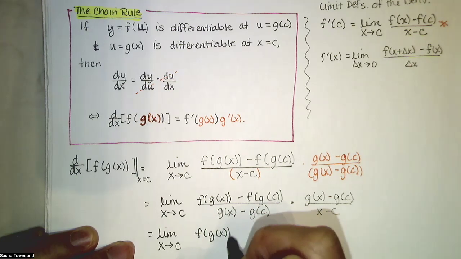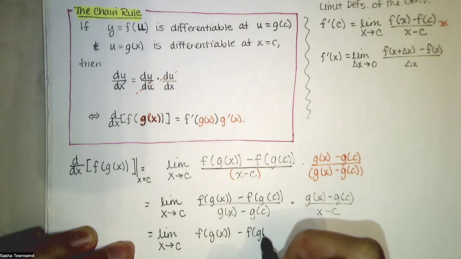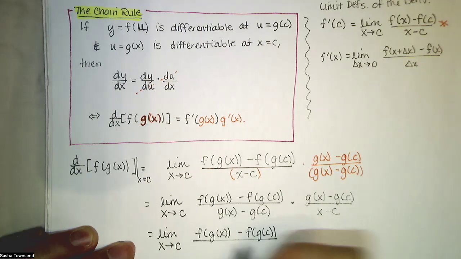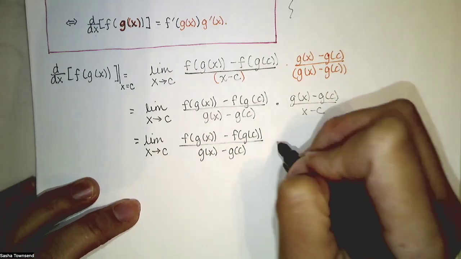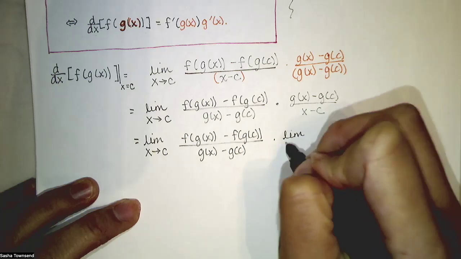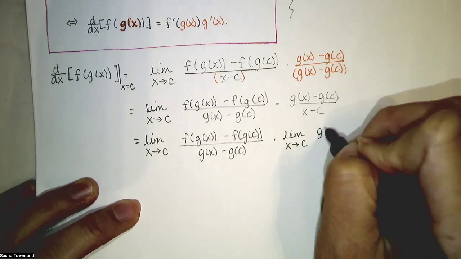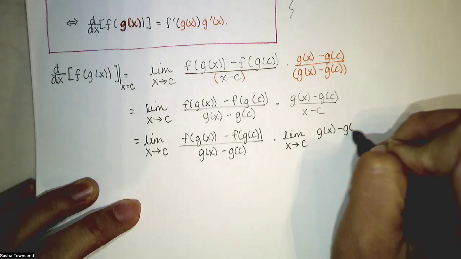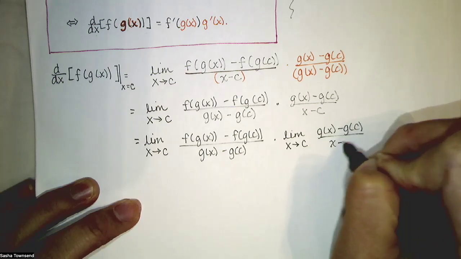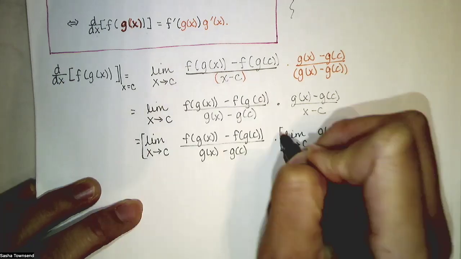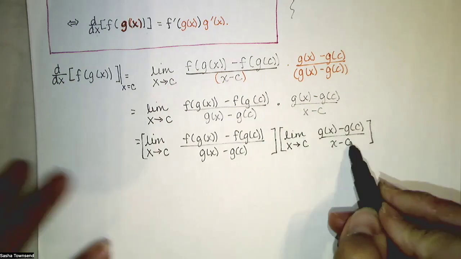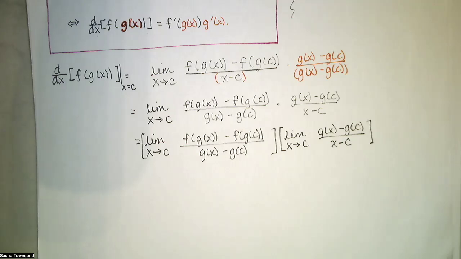We're almost there. This factor is g prime of c.